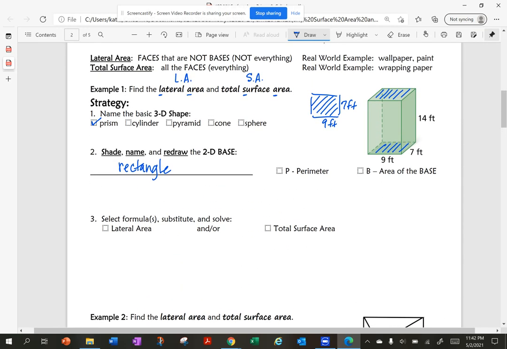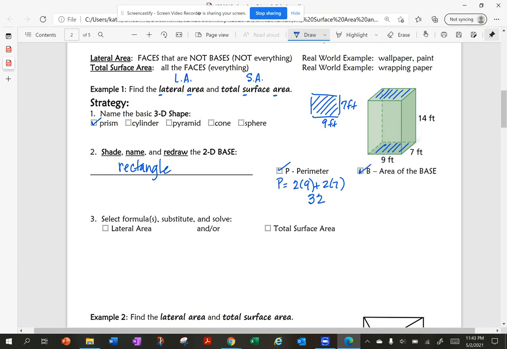Okay, so I need the perimeter. The perimeter of the base is 2 times 9 plus 2 times 7, which is 32, and I also need B. Here, let's write the equations.